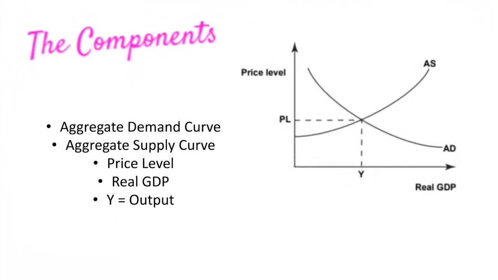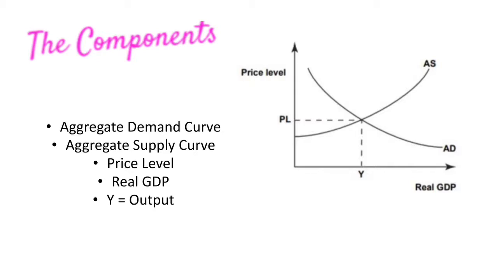The different components we've just talked about: you've got the aggregate demand curve, downward sloping, it's always going that way. Remember, don't get these mixed up. Your AD curve will always go down that way, the law of demand, remember from last year. And then the aggregate supply curve will always go up like that, for the law of supply as well.